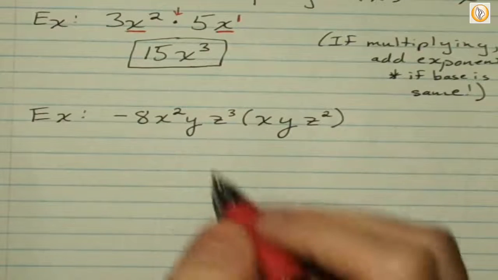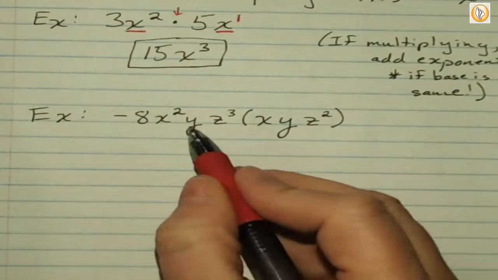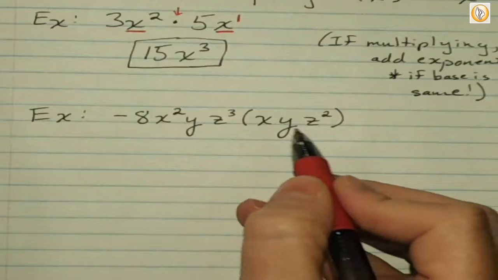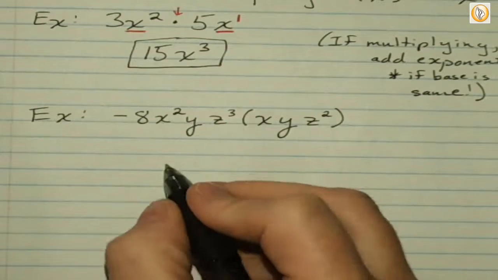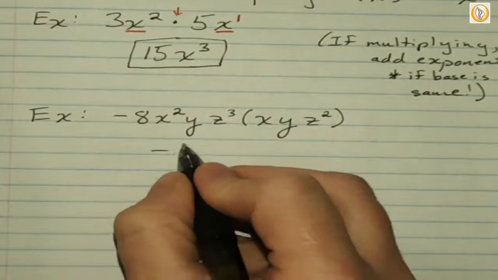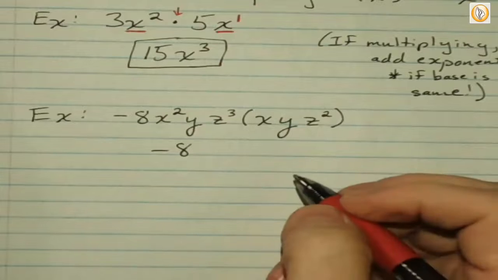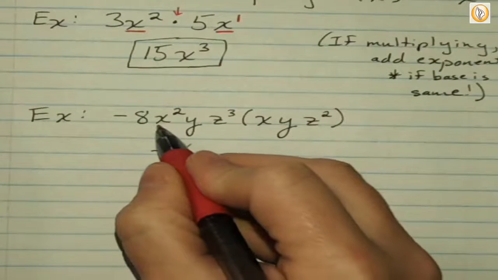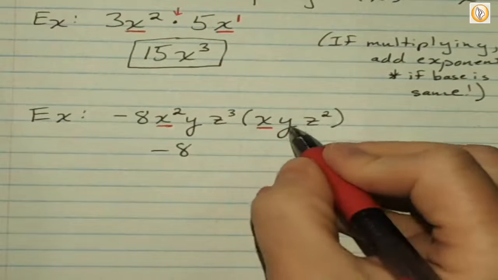So let's see. I have a -8 here. Do I have any other number in here? All right, so -8 is our first part of our answer. Next thing, we have an x to the second power here and an x to the what power here?